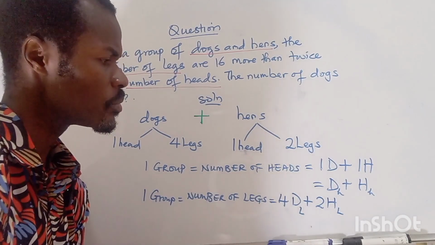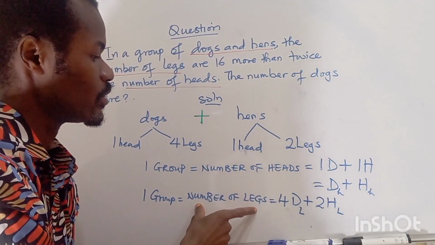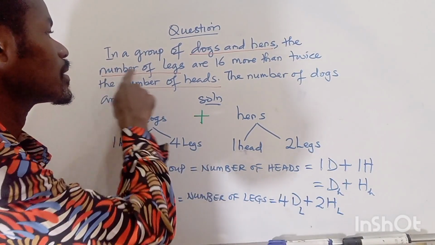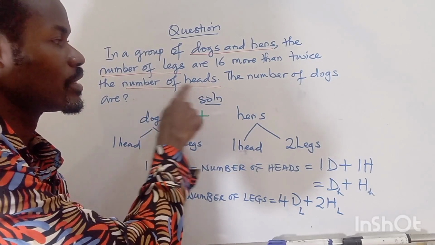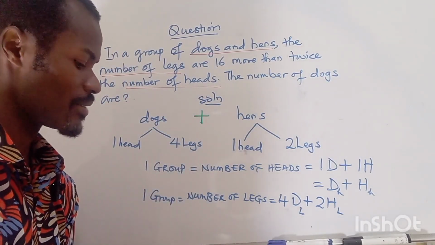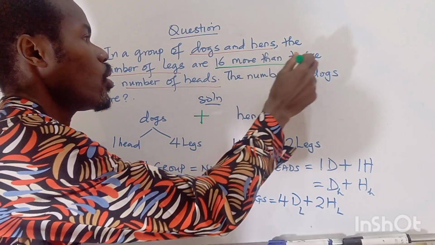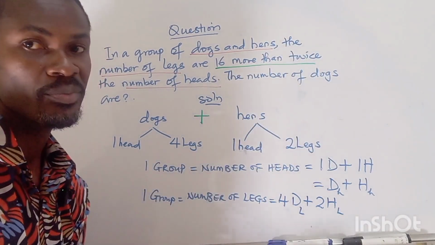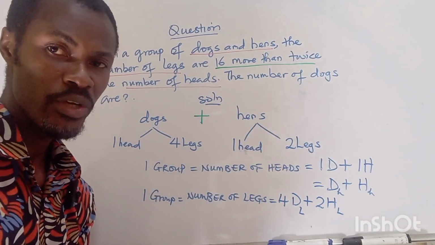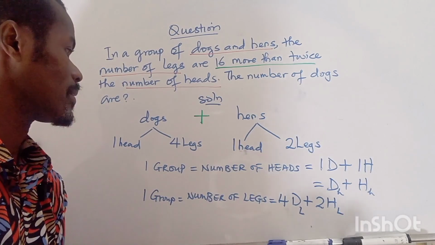Now that we've gotten the number of heads and the number of legs, there is a statement here that the number of legs is 16 more than twice the number of heads. So how do we interpret that?